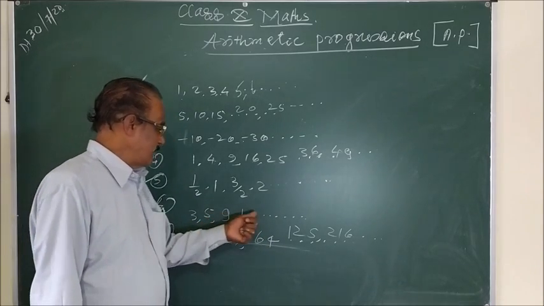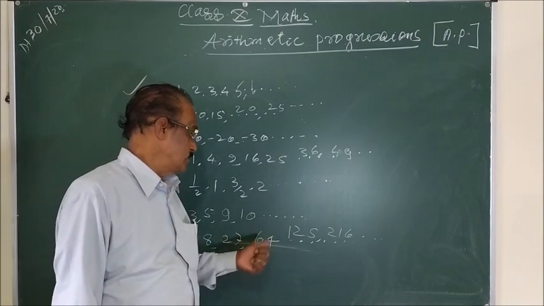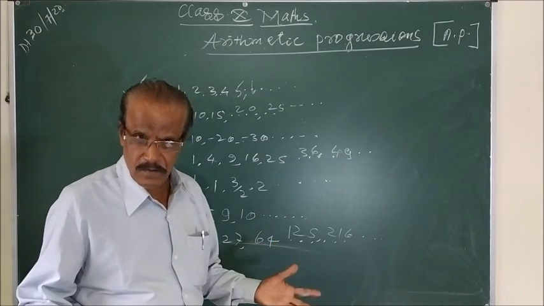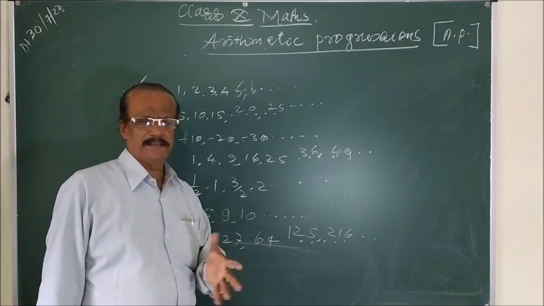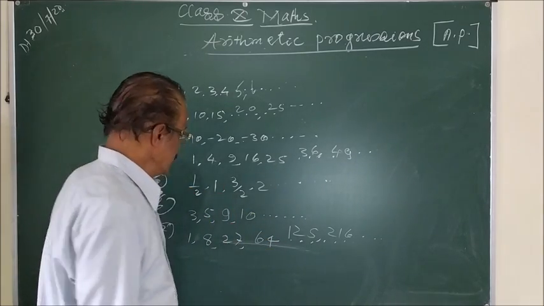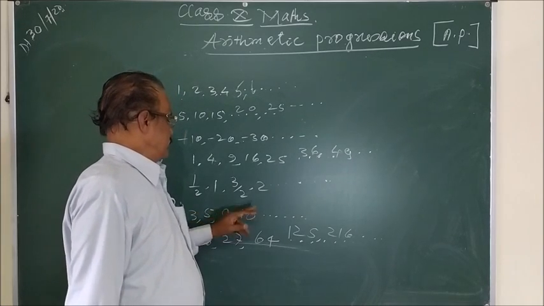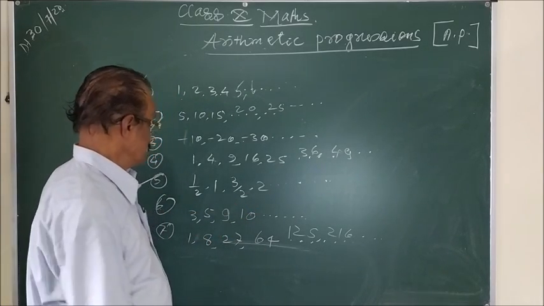I cannot say what will be the next number. If you write 1, if you write 2, so no rule. And if there is no rule, it is not possible to write the next term of numbers. So therefore, these numbers are not in AP.